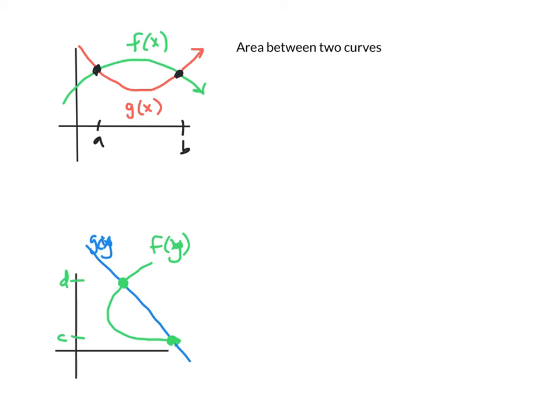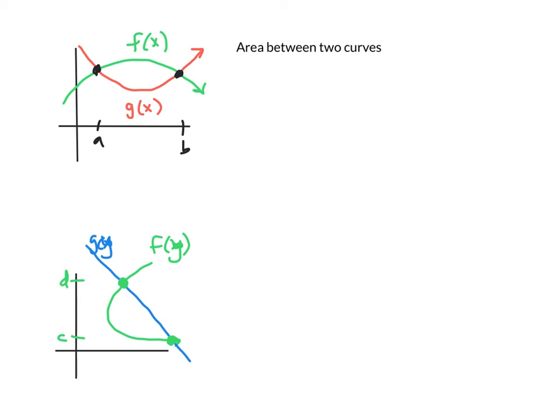So the second part of the laundry list is this idea of area between two curves. So it's slightly different because you're talking about both curves being separate. They're not an axis. They're not the x or y axis. But we still have a top and a bottom. We still have the top curve and the bottom curve, and we have intersection points.